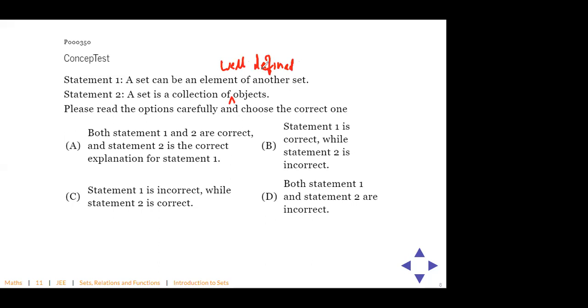Well defined, right? That's why statement 2 is false. A set is a collection of objects. No, a collection of objects is just a group. For a group to be a set, it should be well defined. I don't know that. Yeah, I know you don't know that, Alexa.